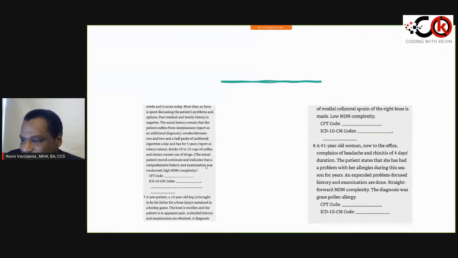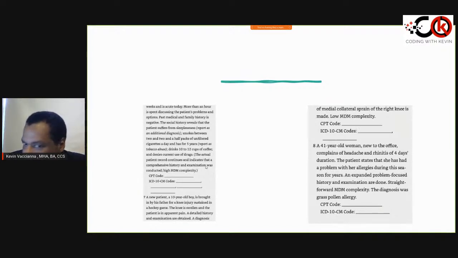What is my evaluation and management code? You're right. We'll bypass the ICD-10 code for now. Next, a 10-year-old boy is brought in by his father for a knee injury sustained in a hockey game.